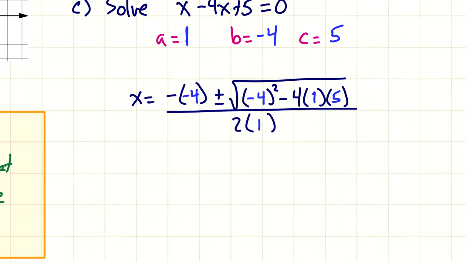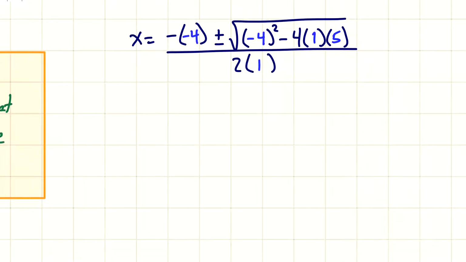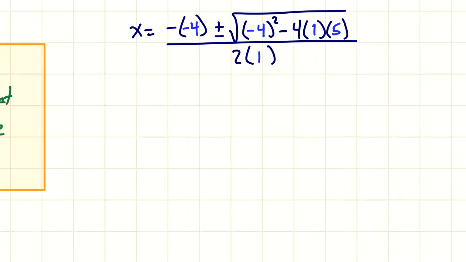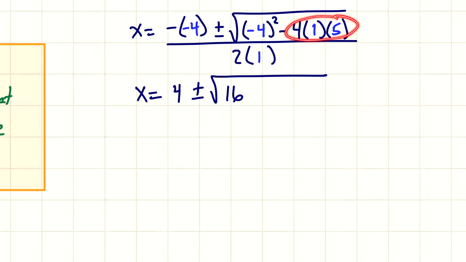All right, so let's simplify this. x equals negative times the -4 is +4, plus or minus the square root of -4 squared, that's -4 times -4, which is +16, minus 4 times 1 times 5, which is 20, over 2.